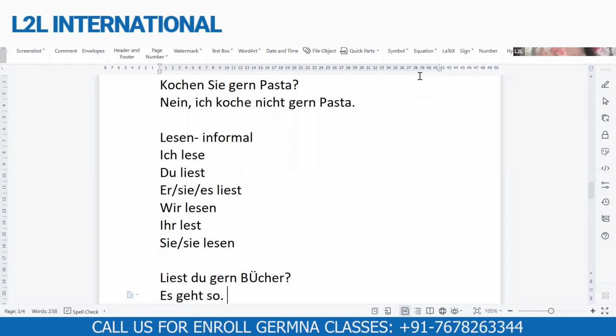The person would understand that sometimes you like to do it, sometimes you don't, maybe at times. So, ich lese, du liest, sie er es liest, wir lesen, ihr lest, sie lesen. If you don't remember the conjugation, please make it formal. Lesen Sie gern Bücher? Ich lese gern Bücher. Ich lese nicht gern Bücher. Or you can simply say, Es geht so.